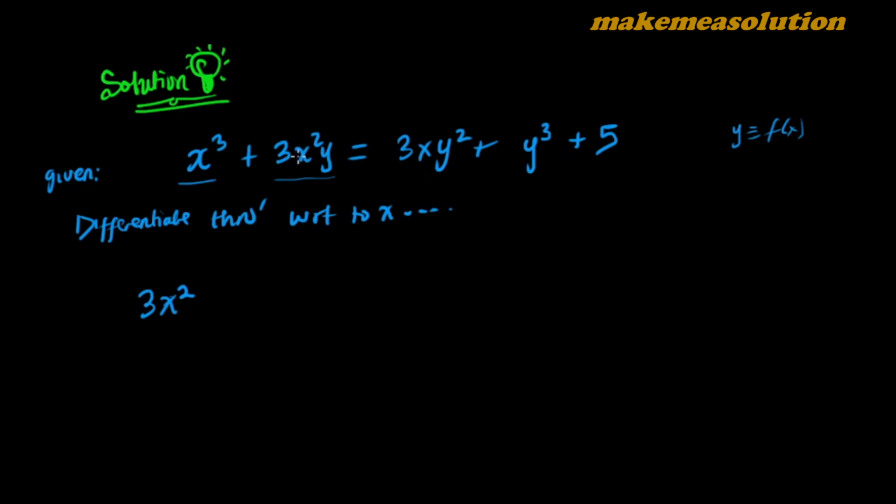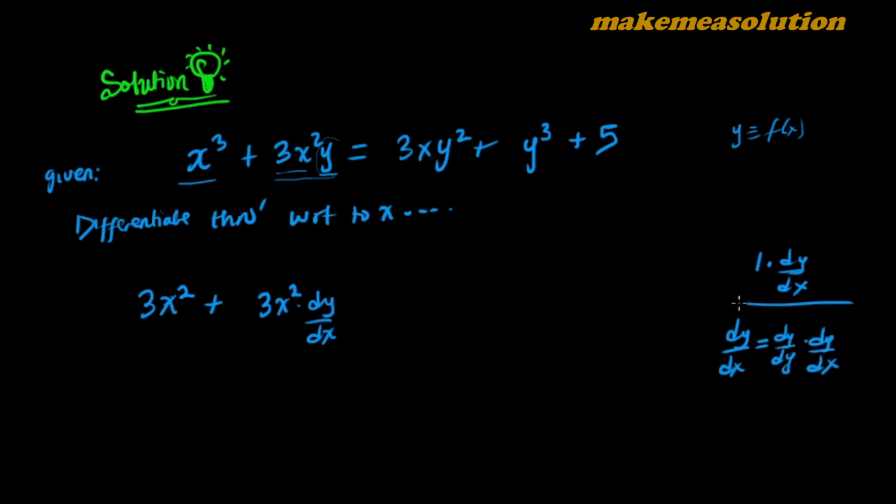Product rule on them. So I'm going to take 3x squared as my u, and I'm going to take y as my v. So I'm going to keep 3x squared and I'll differentiate y. Differentiating y, I'll have dy dx. Differentiating y is not just dy dx, but it's actually dy times dy dx.